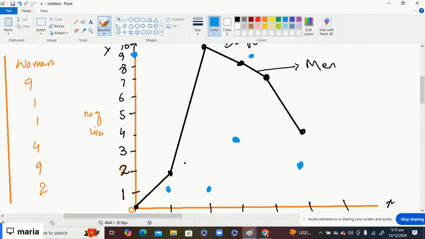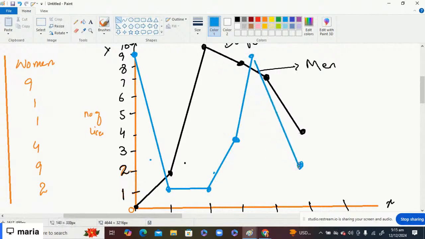Now just mark. Okay, this line is for the women. This is the way that we get the graphs.